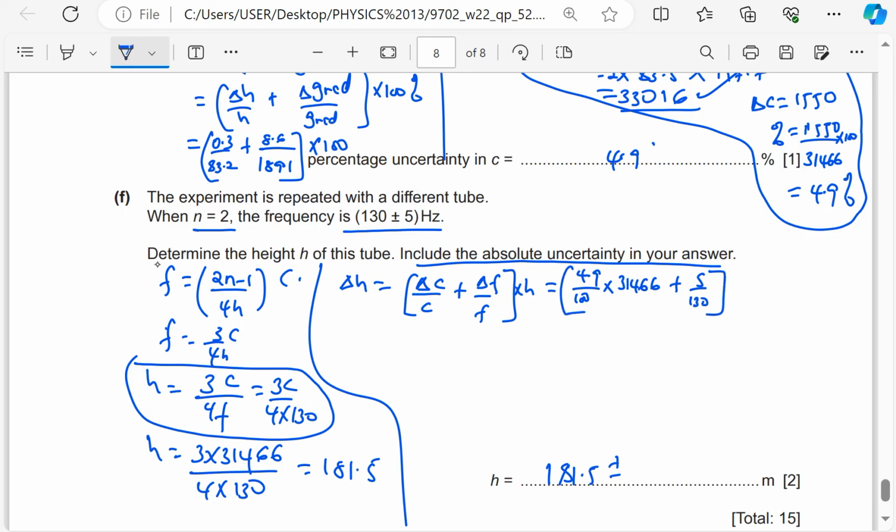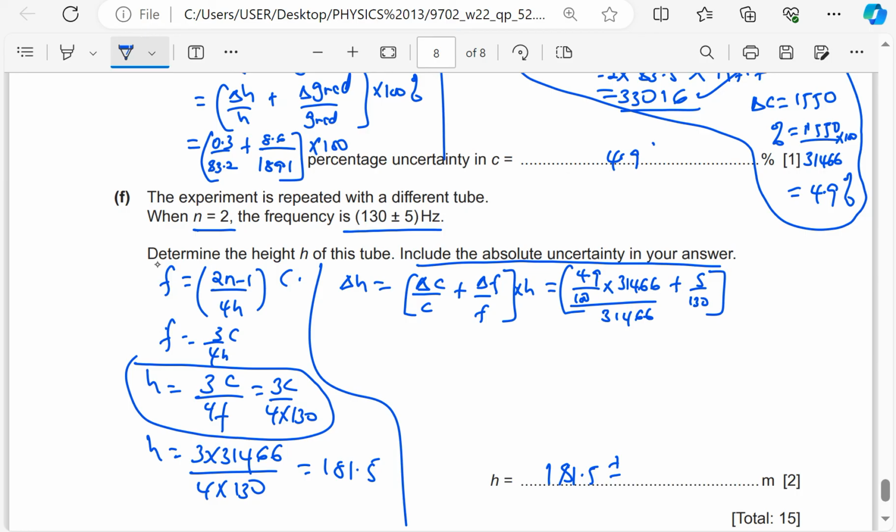Then this is still going to be, this is percentage, 4.9%, so this must again be divided by 31466, because 4.9 over 100 times 31466 is just absolute.